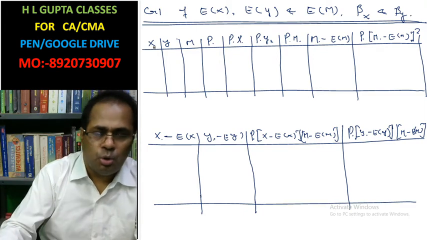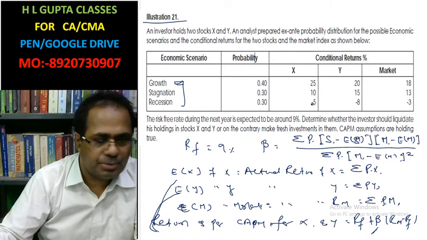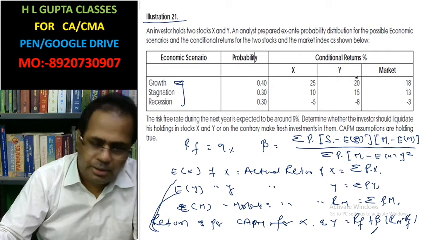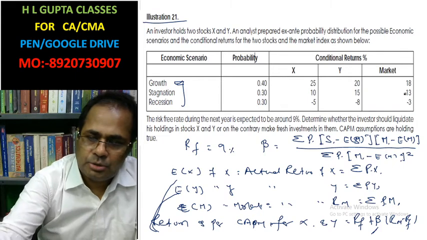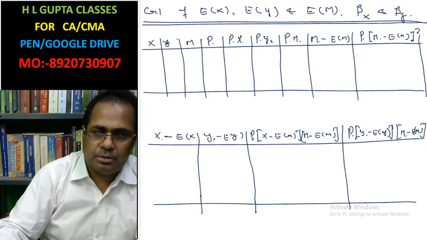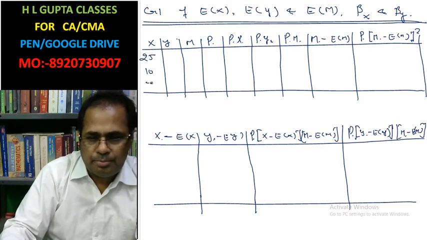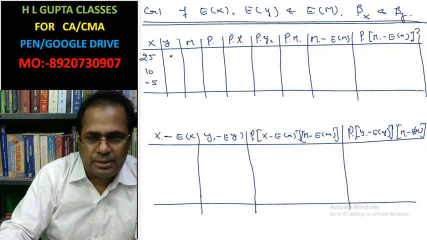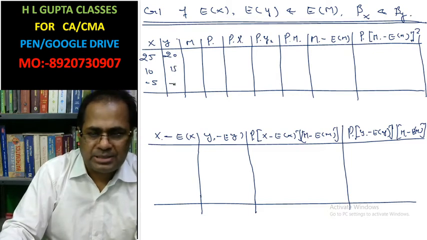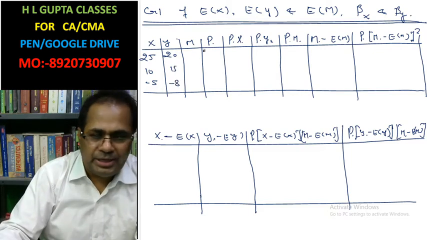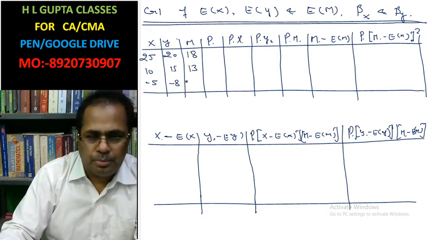Look at it. What is the return of X? Return of X is 25%, 10%, minus 5. Return of Y is 20, 15, minus 8. Market is 18, 13, minus 3.